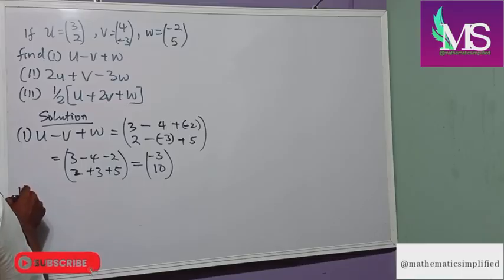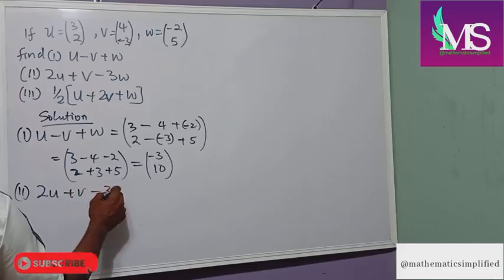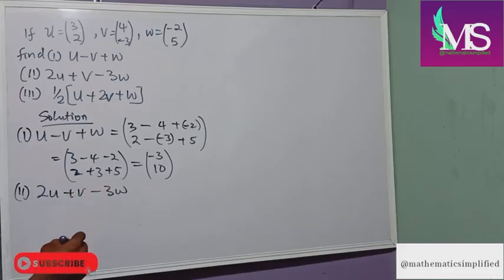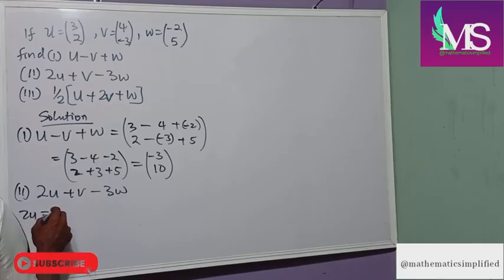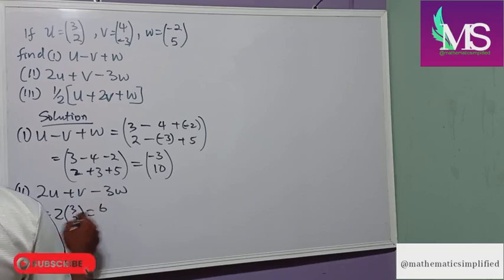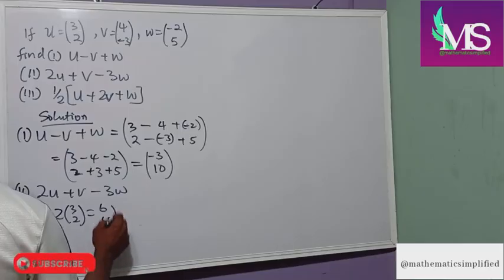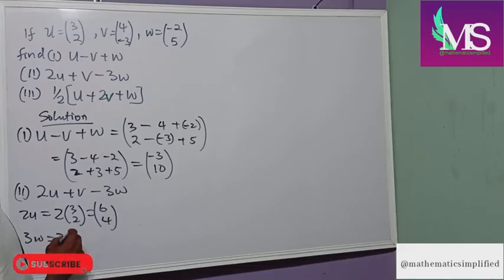Now, our second one, part 2, talks about 2u plus v minus 3w. Now our 2u will be 2 times (3, 2), which will give us 3 times 2, 6, 2 times 2, 4. That's for our 2u, and our 3w will be 3 times (-2, 5).